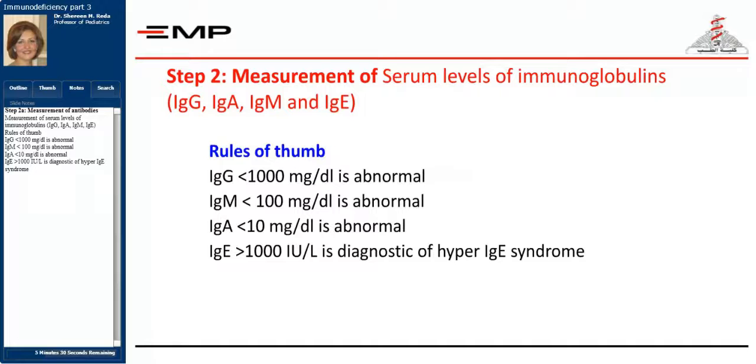Step 2, measurement of serum level of immunoglobulins, the IgG, IgA, IgM, and IgE. You have to refer to the age-matched reference values in infancy and childhood, but here there is a rough rule of thumb. When the IgG is less than 1000 milligram per deciliter, this is abnormal. When the IgM is less than 100, this is abnormal. When the IgA is less than 10, this is abnormal. And when the IgE is more than 1000 international unit per liter, this is diagnostic of hyper-IgE.